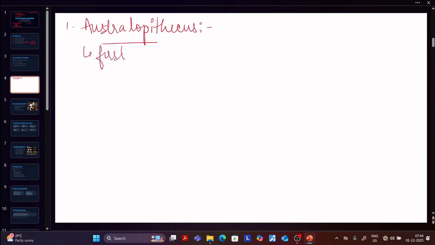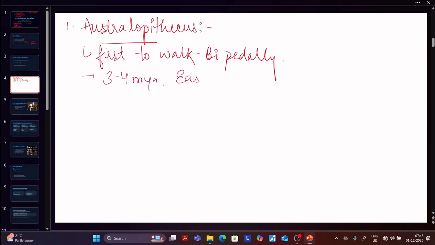First to walk bipedally, walking upright on two legs around 3 to 4 million years ago in East and Southern Africa.